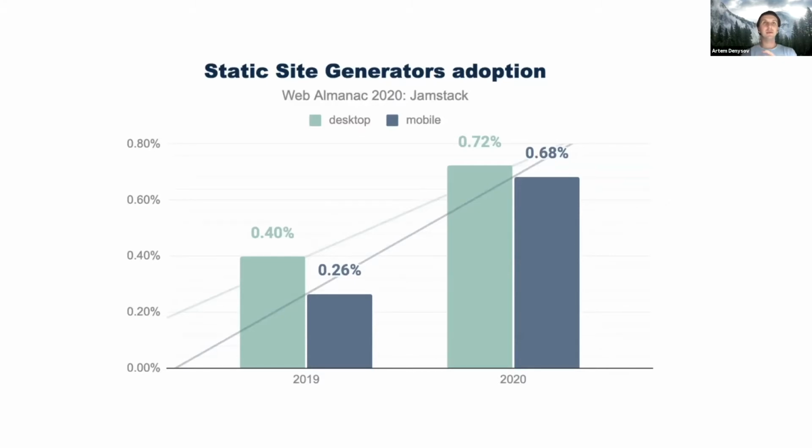We didn't have any published information about Jamstack in 2019, but we have data. So we analyzed how the adoption of SSGs was back then.